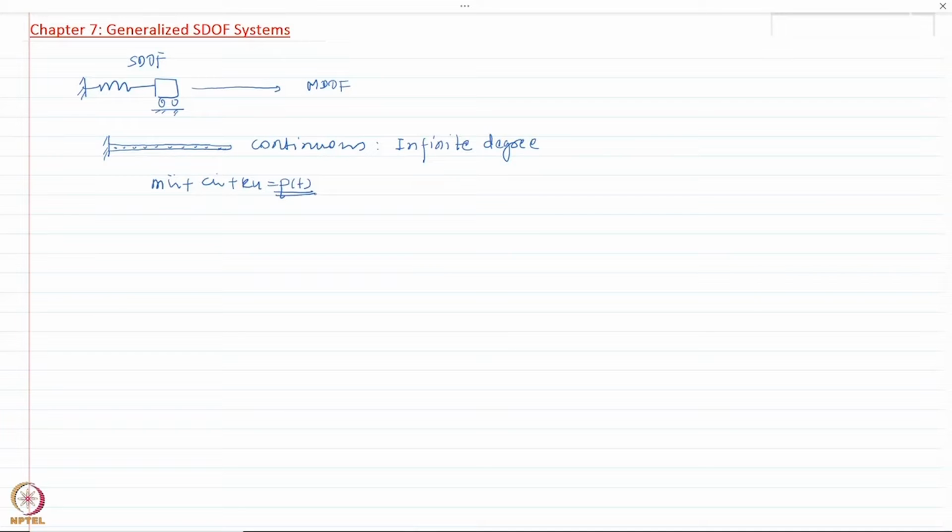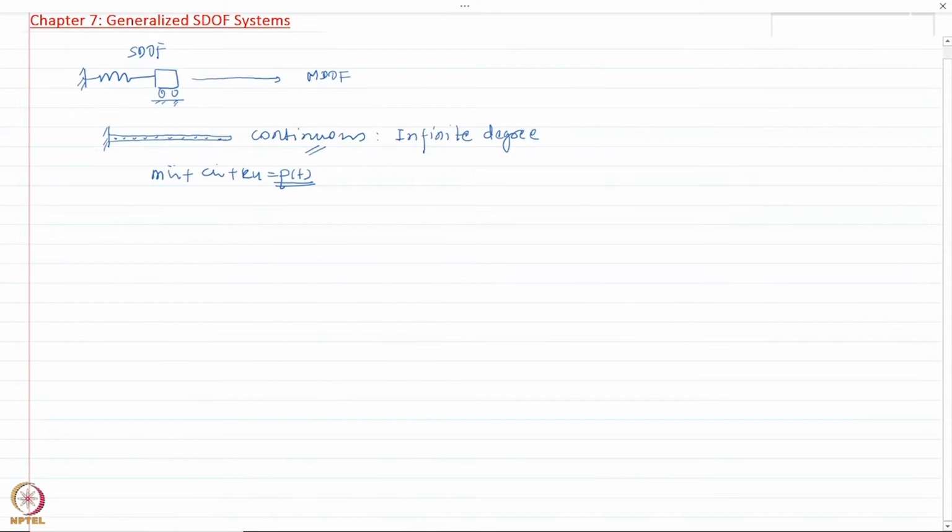So we have standard results available for single degree of freedom systems. Now the question is, is there a way in which I can analyze a continuous system without getting into the complication of analysis associated with a multi-degree of freedom system? And that's where the generalized SDOF system comes into play.